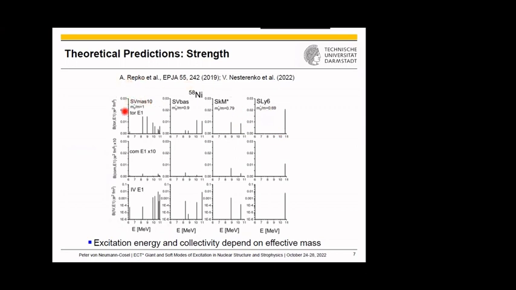This has a very high effective mass, basically 1, and then the effective mass goes down. And what you can see is that if you go down with effective mass, the strength is less fragmented, so it becomes more collective, but also the average energy goes up. So the excitation energy of the mode at low energies and its collectivity depend on the effective mass.